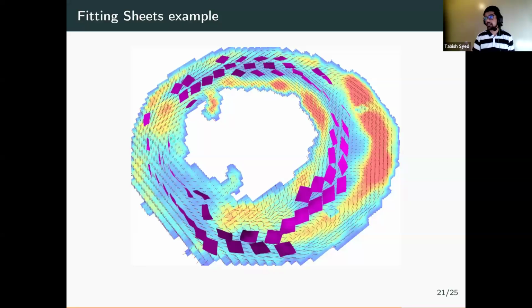So there are some regions where you can fit a sheet, and there are some regions where you cannot reliably fit a sheet. For example, there are regions on the right which are kind of red, and also towards the inside, which are the papillary muscles. So they don't support sheet-like geometries. Stuff on the right, which is the right ventricle, and also near the septum, doesn't support sheet-like geometries.